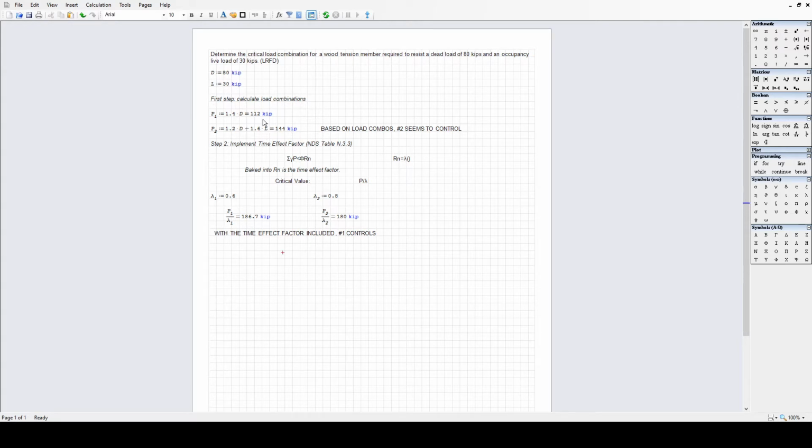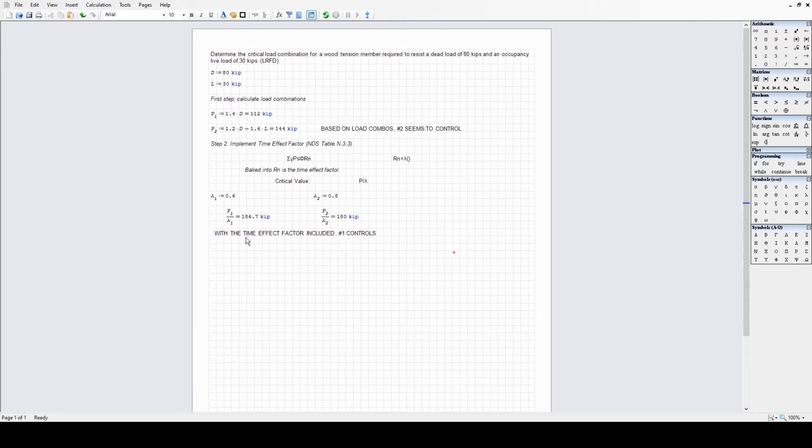So what we see here is, and obviously, usually you won't get values that are just so perfect that they change between two load combinations. I deliberately chose these values to produce this effect. Without the time effect factor, the second load combination clearly has a higher value.